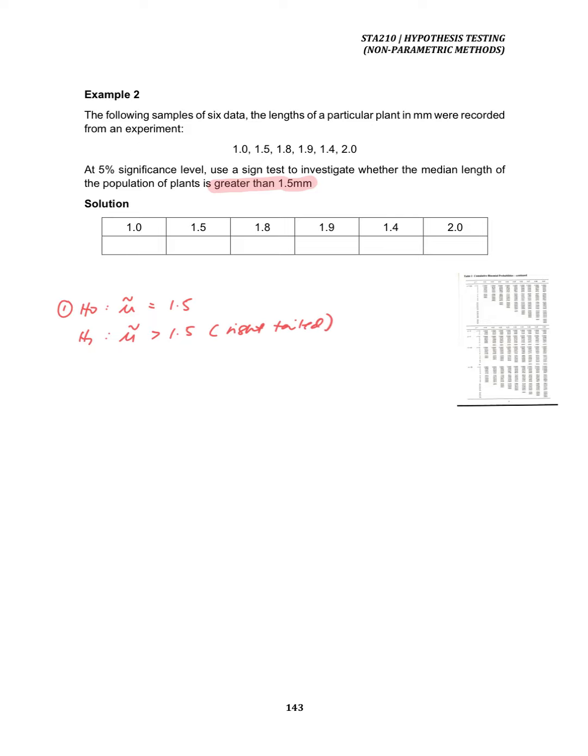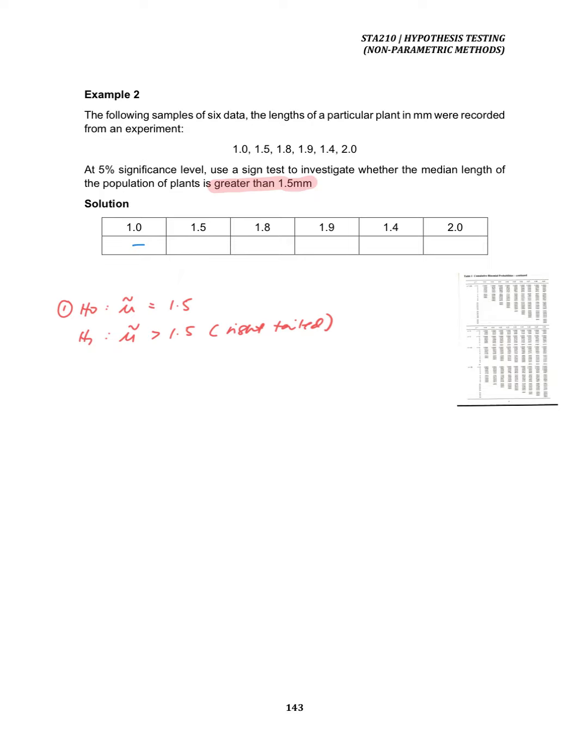Okay, so now we should identify the symbol or the sign here, either plus or minus. Okay, then we will compare with our hypothesis value. So our hypothesis value here is 1.5. So data kita bila kita tolakkan dengan hypothesis value kita tengok dapat positive sign ke negative sign. Okay, so untuk this one 1.0 minus 1.5 kita akan dapat negative sign.